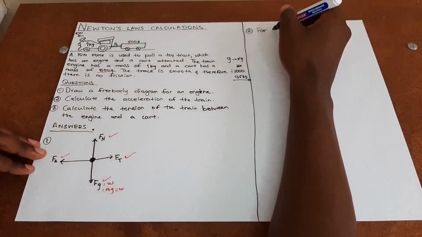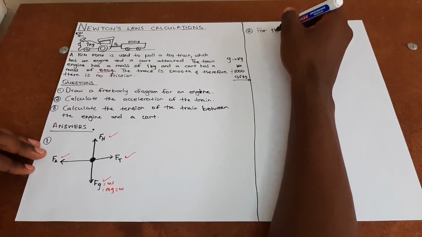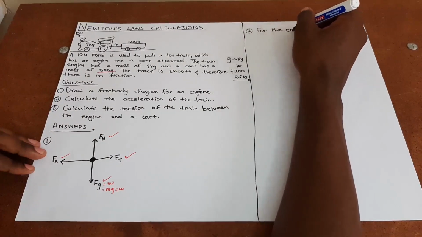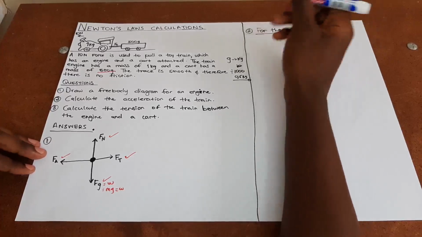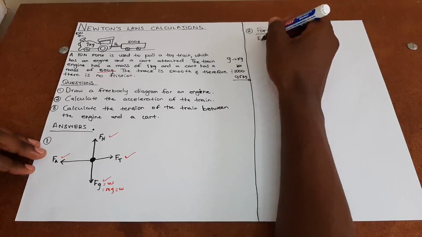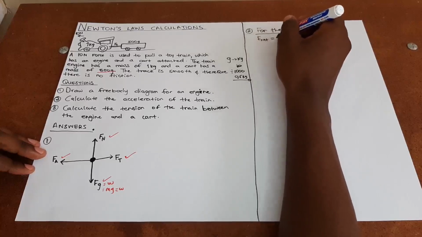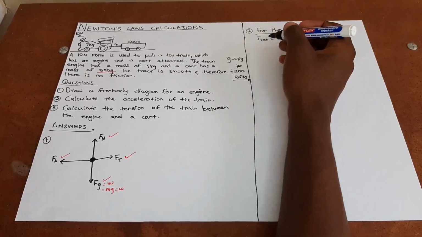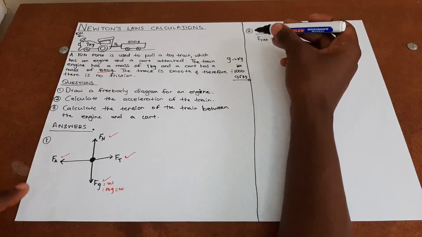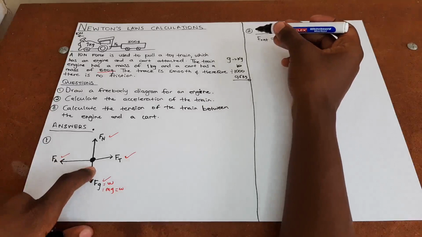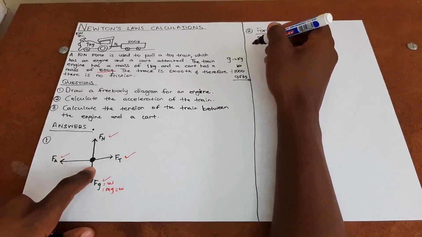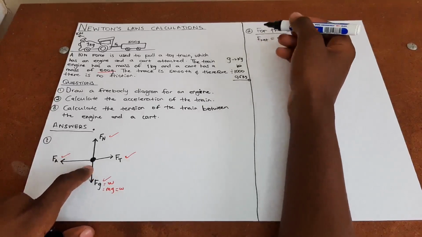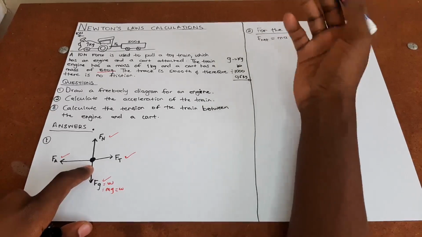For the engine, we have the net force is equal to ma, mass times acceleration. What are your net forces acting there? We already showed them in our free body diagram. Mind you, free body diagrams are very important in showing all forces acting on an object, the net forces.